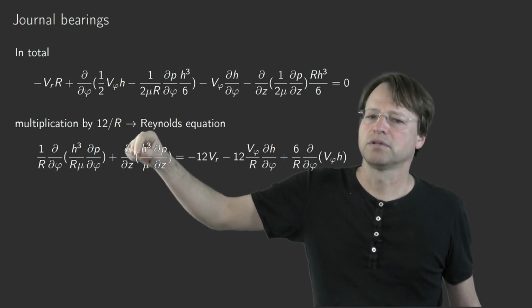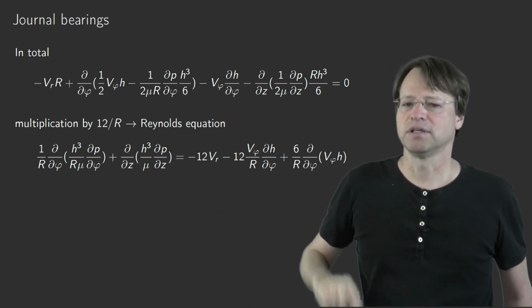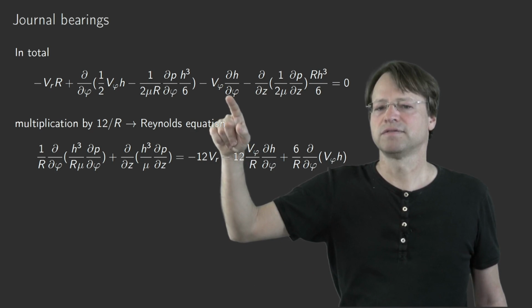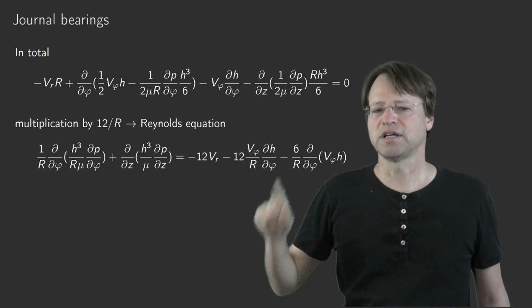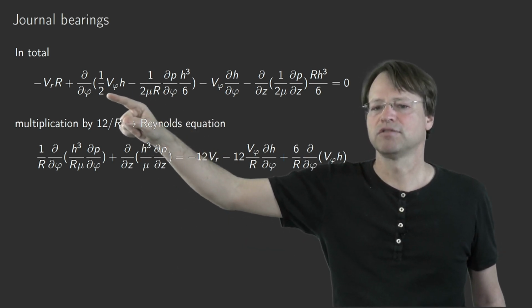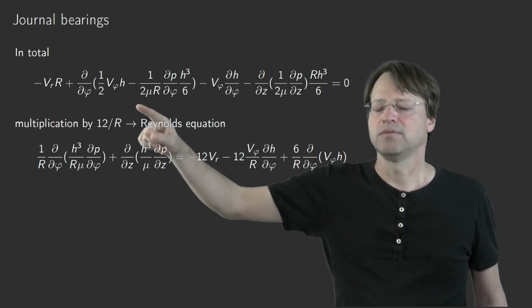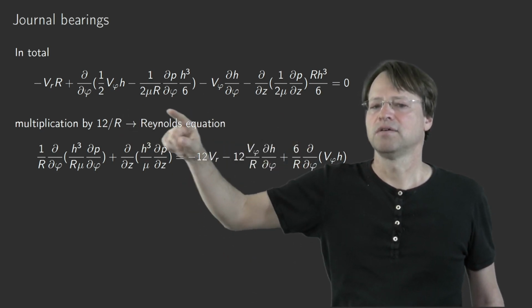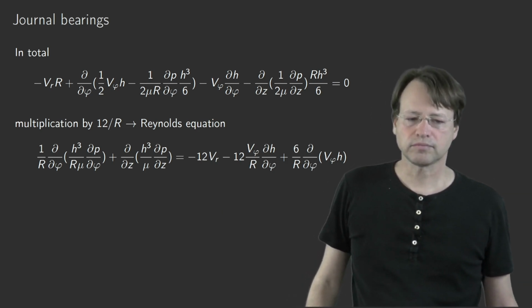No, it's not that one. I'm sorry, it's that one here. We multiply by 12, we divide by R, minus 12 v_phi dh by d phi. And now the last one is this one. We multiply by 12 to yield a 6. We divide by R, which is here, and we get d by d phi v_phi times h.